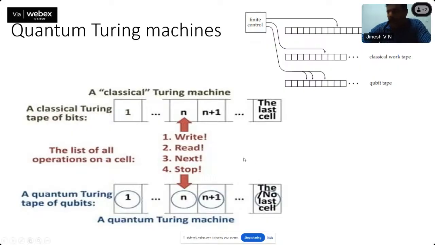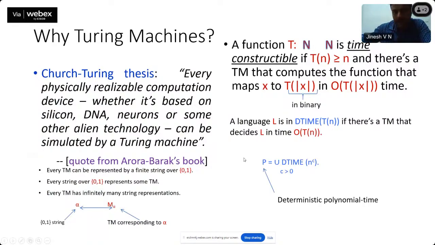Then we'll say why a Turing machine is required in algorithm design, and how we can use this algorithm design concept and the Turing machine concept in terms of quantum systems.